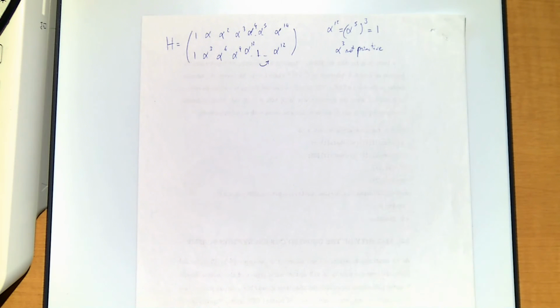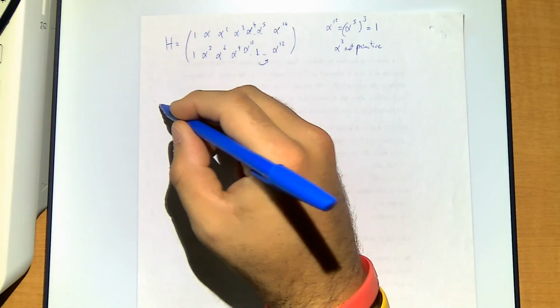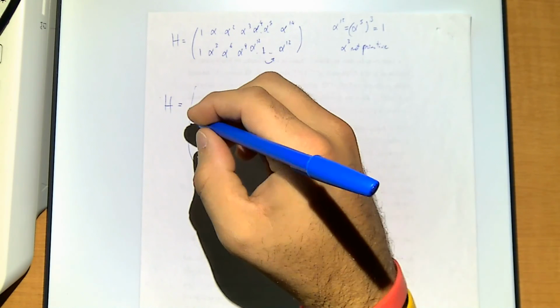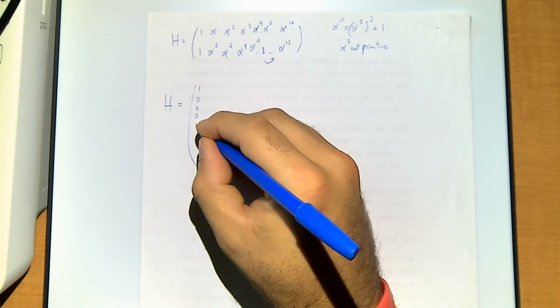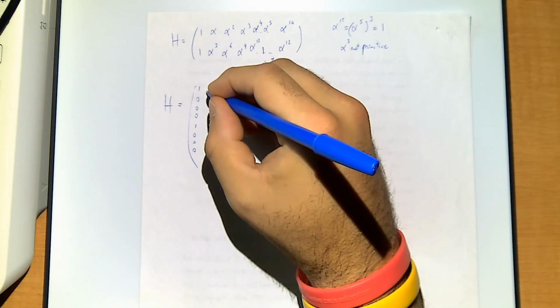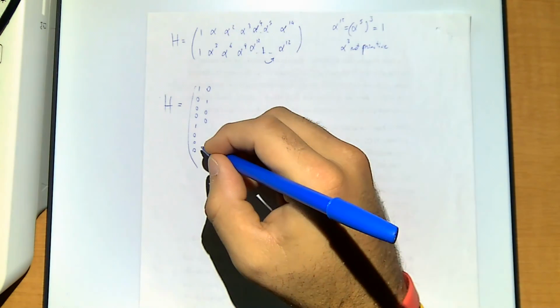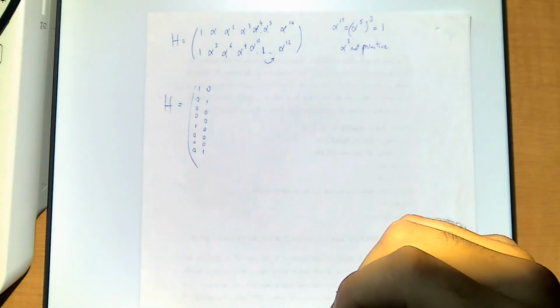And when you expand this into binary, you get the matrix H as a binary matrix, so you get 1 0 0 0, and then this is also 1 0 0 0, and then alpha is 0 1 0 0, and then here you get alpha cubed, which is 0 0 0 1, and so on.